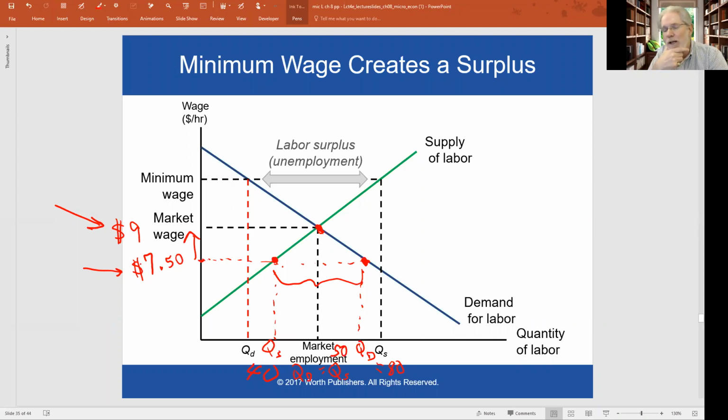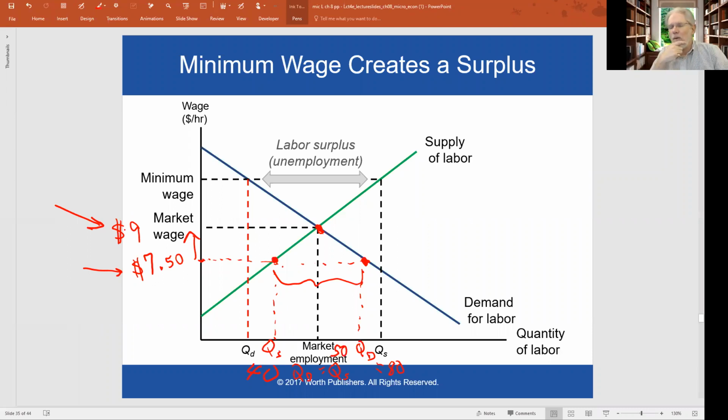The minimum wage law specifies $7.50 as a minimum wage, but it doesn't require employers to pay $7.50. It requires them to pay at least $7.50. And under these conditions, employers will not pay $7.50. They're going to pay $9.